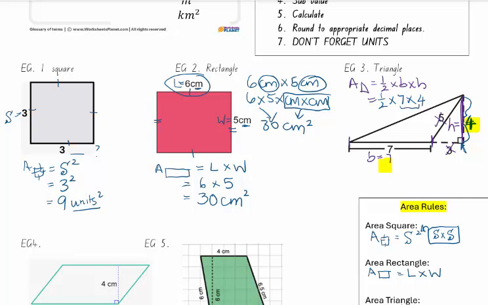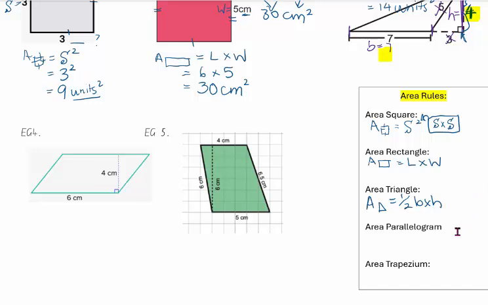Half of 28 is, and it's going to be units squared, because again it doesn't have any units. It's probably giving you a hint that the next shape is a parallelogram. So again, just to make sure we have all the markings on it that we should have.